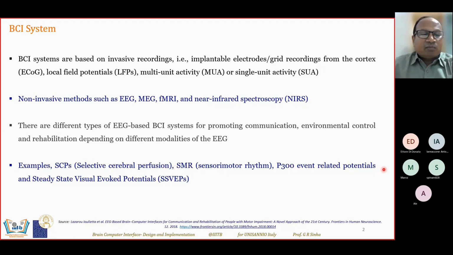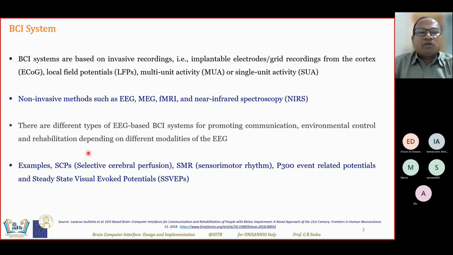P300 is an event related potential BCI. P300 is a popular name. We have understood in the last lecture why we call it P300 or P200. And then another one is steady state visual evoked potential, called SSVEPs. So these are examples of different systems utilizing different modalities.